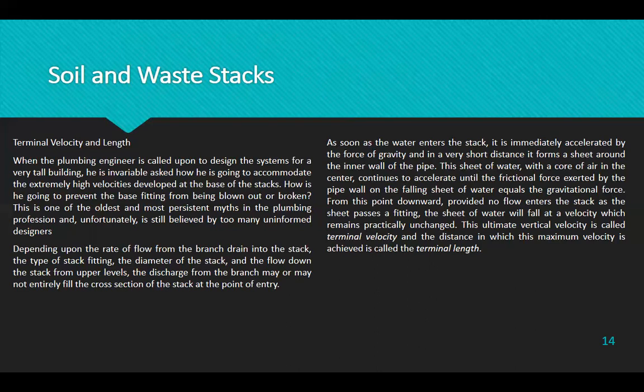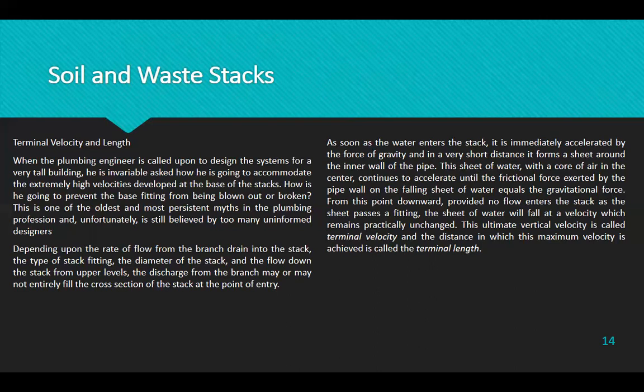As soon as the water enters the stack, it is immediately accelerated by the force of gravity, and in a very short distance, it forms a sheet around the inner wall of the pipe. The sheet of water with a core of air in the center continues to accelerate until the frictional force exerted by the pipe wall on the falling sheet of water equals the gravitational force.